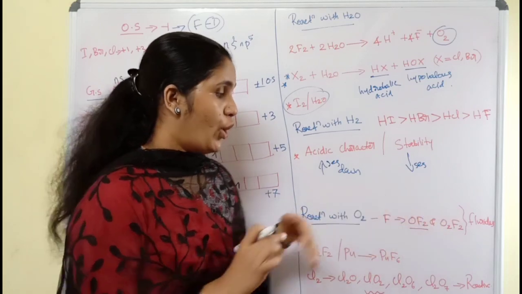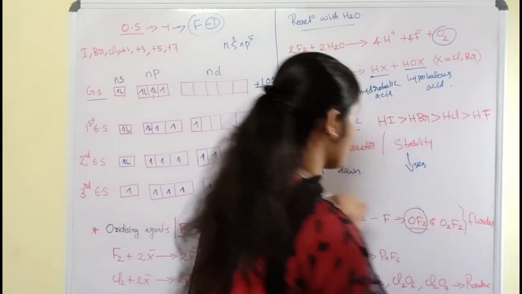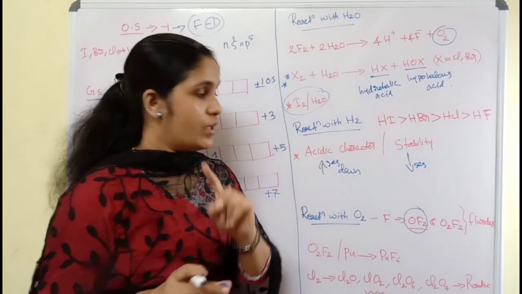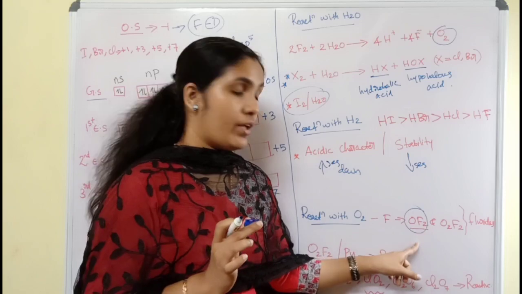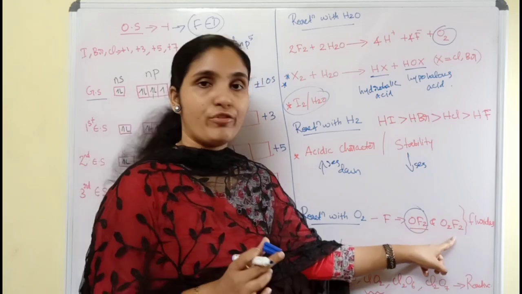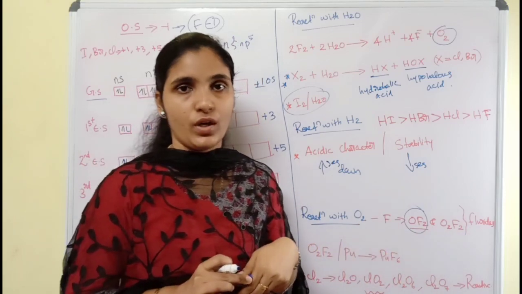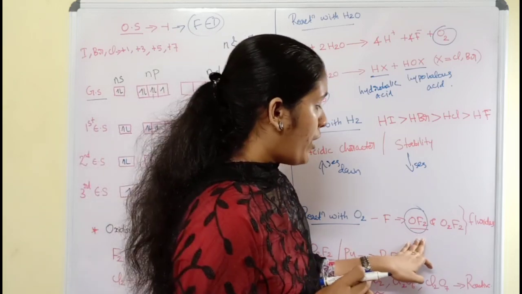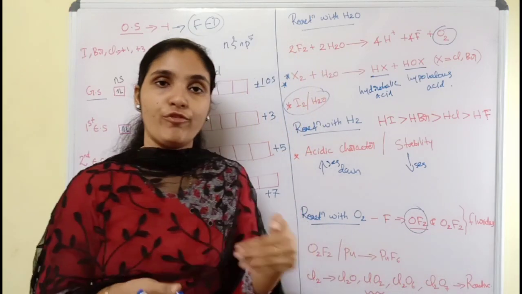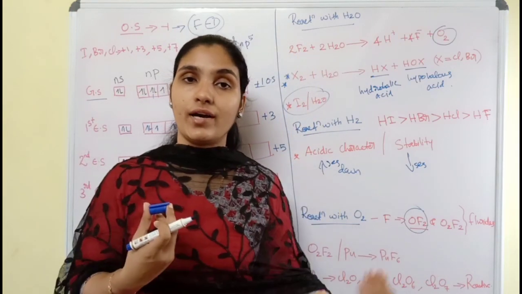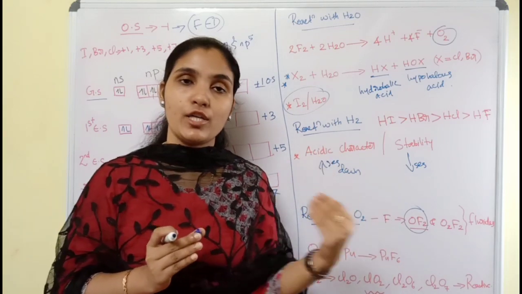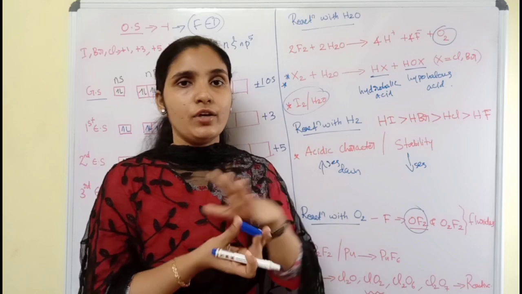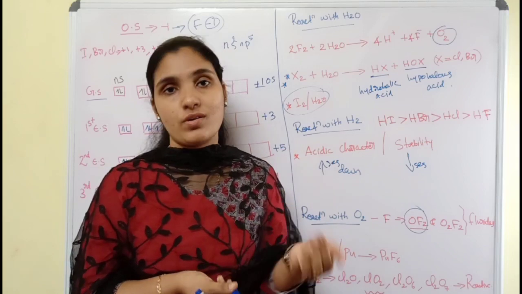But here only OF2 is stable. The only stable compound of fluorine and oxygen is OF2. O2F2 is not thermally stable. How are OF2 and O2F2 formed? When fluorine reacts with oxygen. Normally when any element combines with oxygen, the resulting compound is called an oxide.